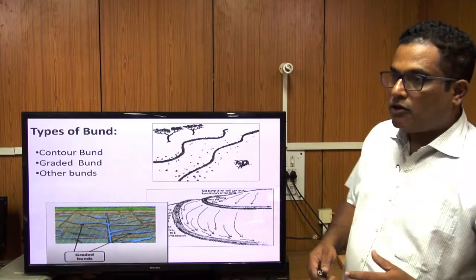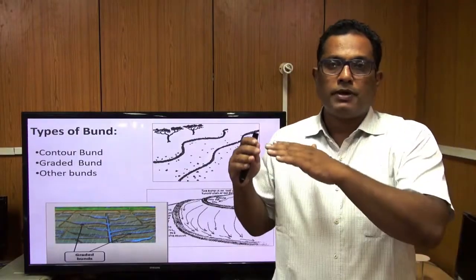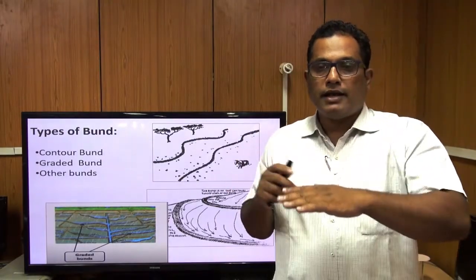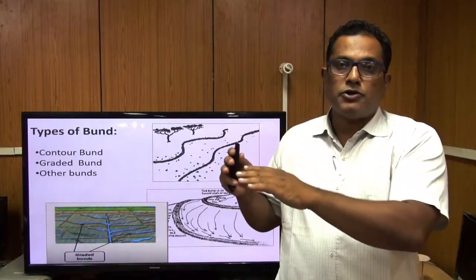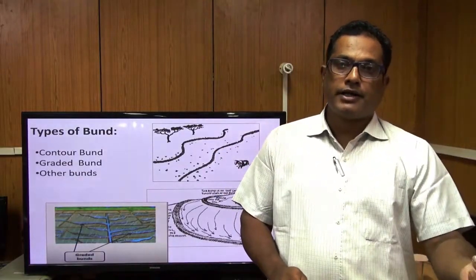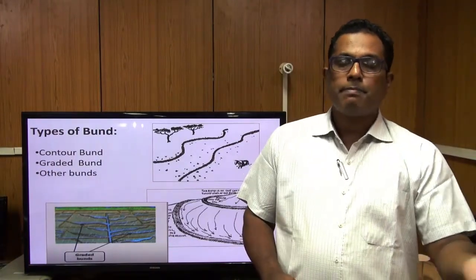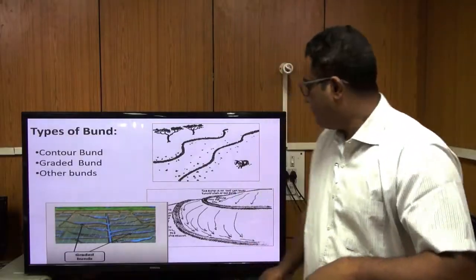As a result, over a period of time, the steepness of the slope of the land is gradually reduced because of deposition of soil particles from the upstream side. That is another added advantage, be it contour bund, field bund, or graded bund.